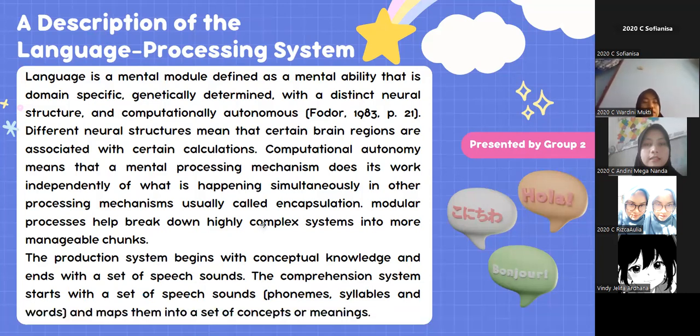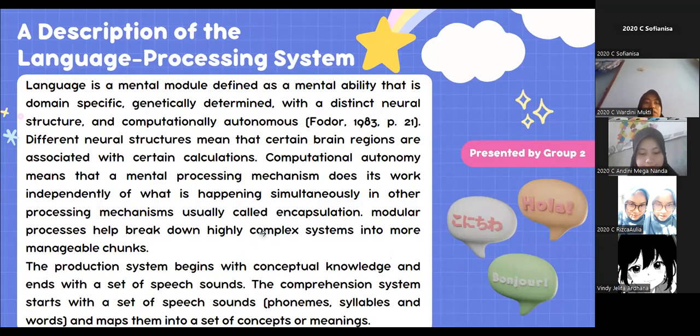Thank you, moderator. Okay, I would like to explain a description of the language processing system, in which language is a mental module, defined as a mental ability that is domain specific, genetically determined, with a distinct neural structure and computationally autonomous, according to Fodor, 1983. Distinct neural structure means that certain brain regions are associated with certain computations.